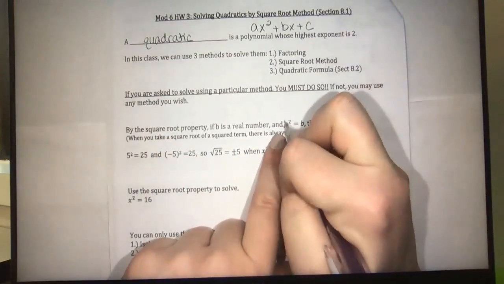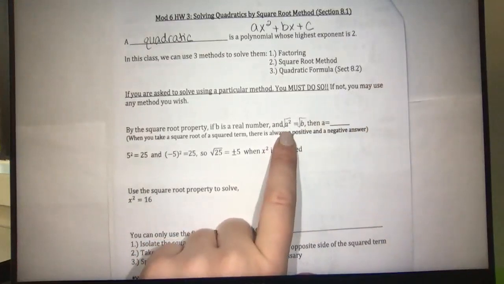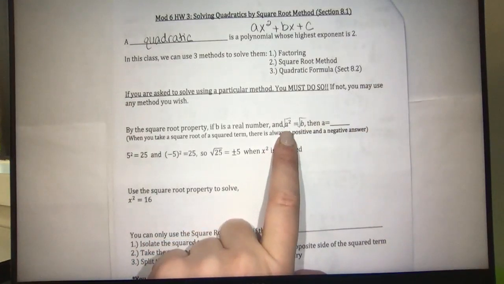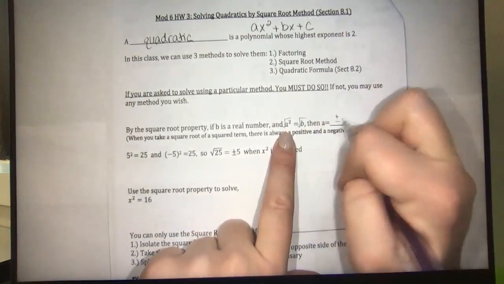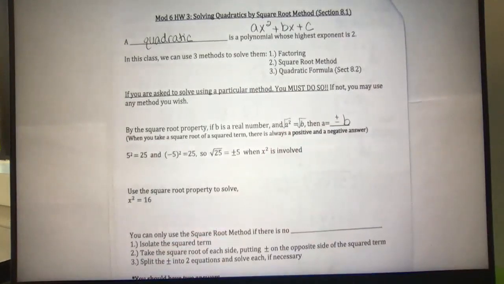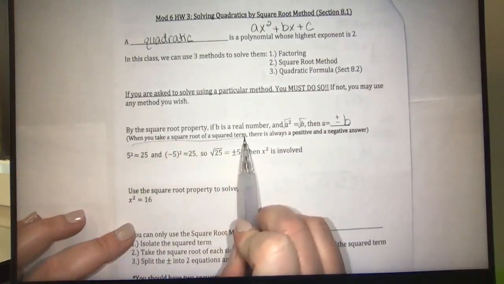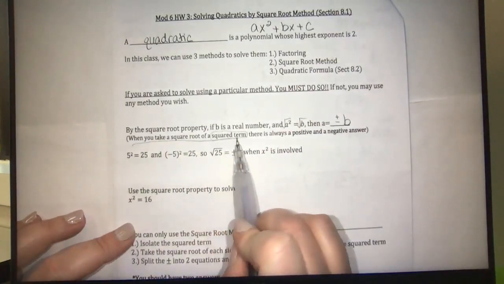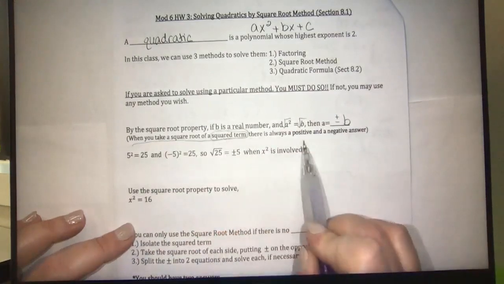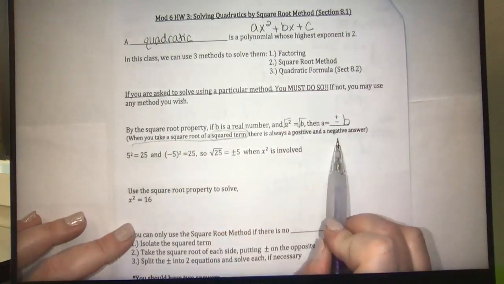So when I take the square root of a squared letter, a squared variable, I get a plus and a minus as my answer. Okay, that's really important. When you take a square root of a squared term, you get a positive and a negative answer.